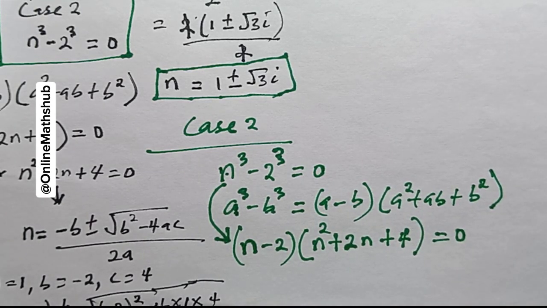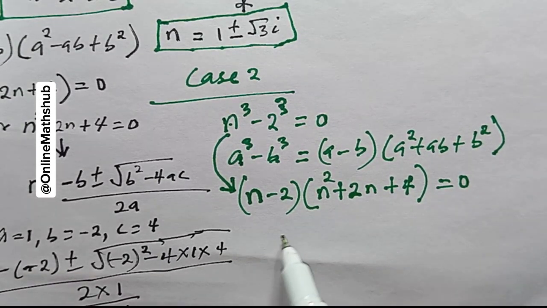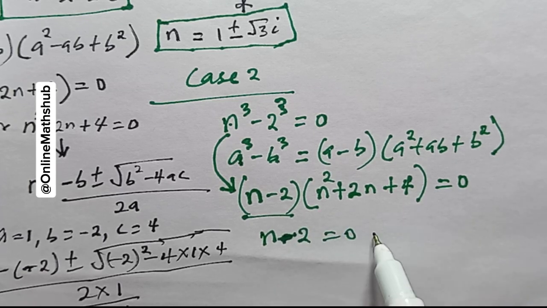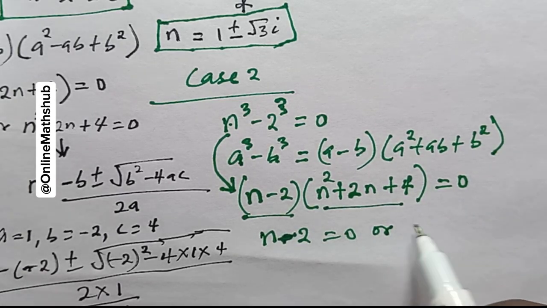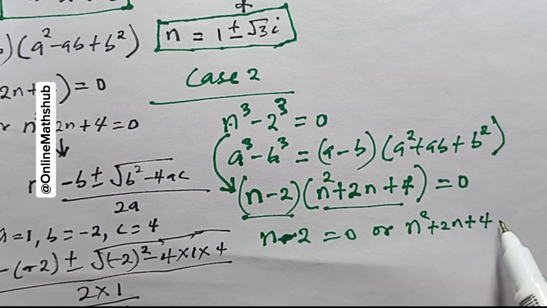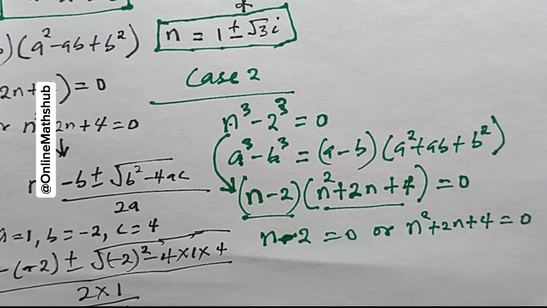Just like we did earlier on, we have 2 cases right here. It is either n minus 2 is equal to 0, or n squared plus 2n plus 4 is equal to 0.